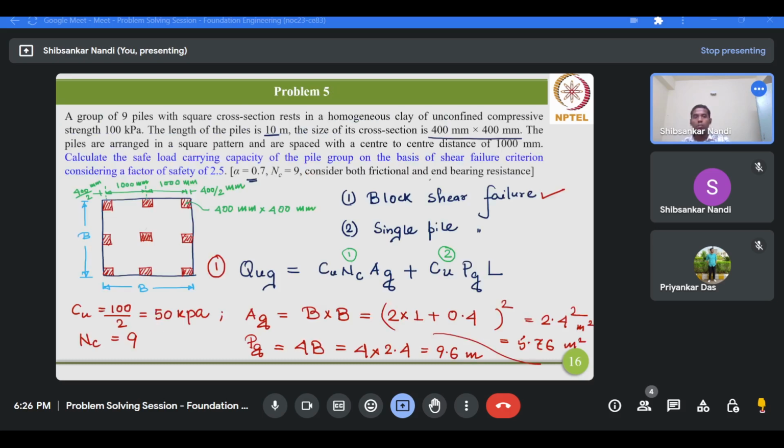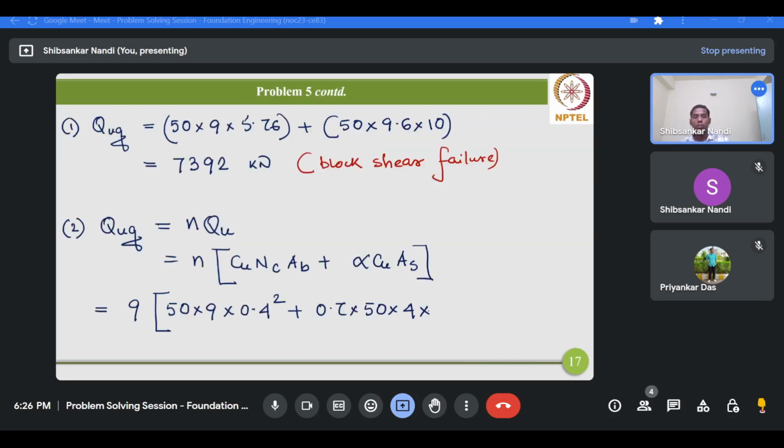The dimension of each pile is 400 mm by 400 mm, so it will be 4 times 0.4 multiplied by the length.